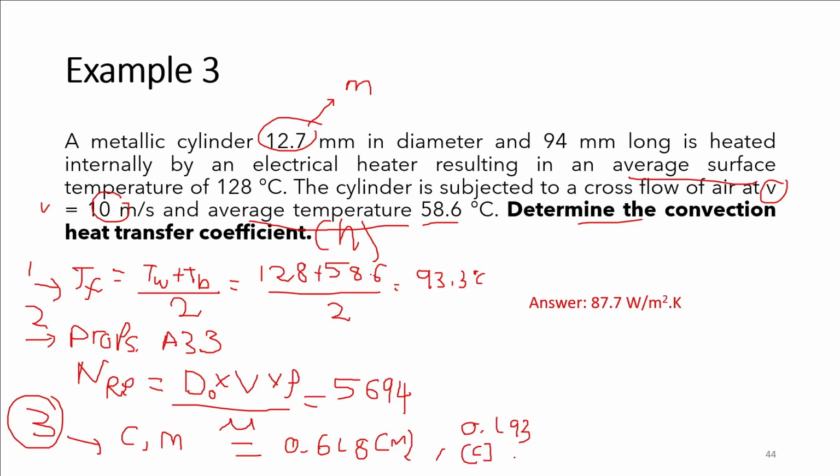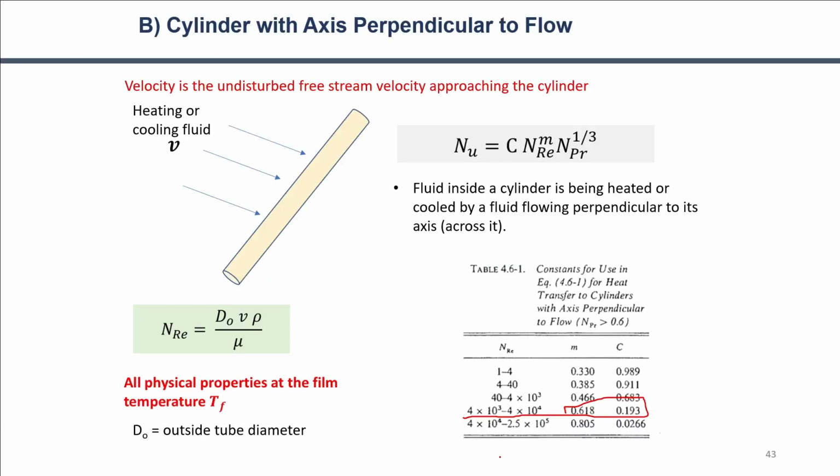Why do we want to find M and C? Because the next step is to calculate the Nusselt number. For the Nusselt number, C is 0.193, M is 0.618, Reynolds number is 5694, and Prandtl number is 0.694.